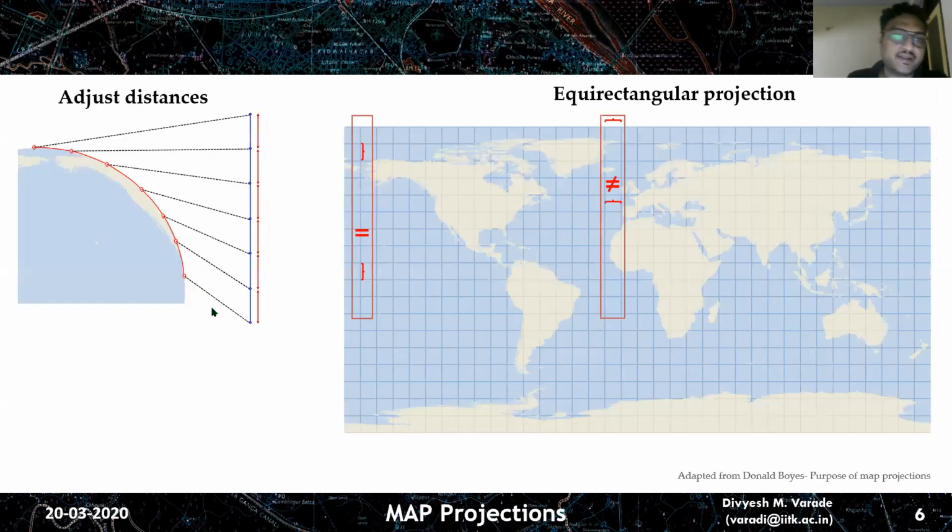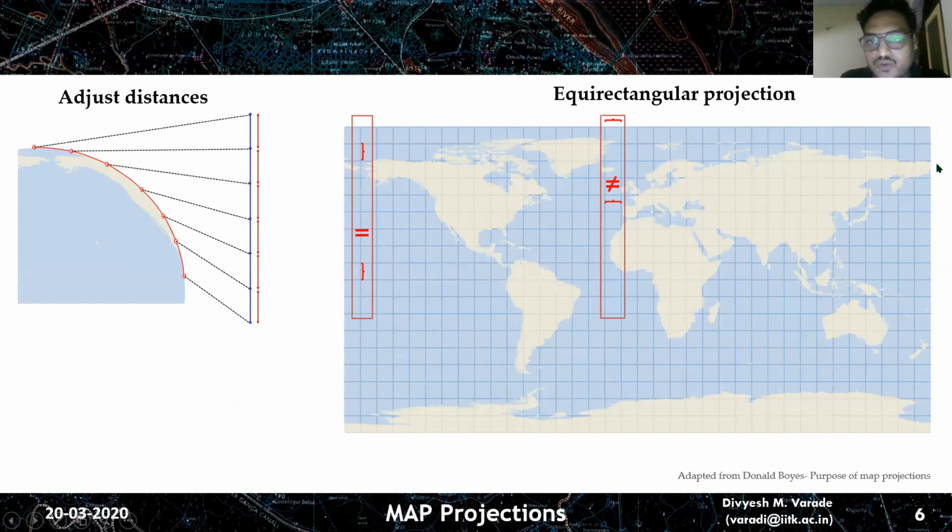So let us take another example where we have equal distances when we map these points on the sheet of paper. Now, is this necessarily a good thing? Maybe or maybe not. In this case, we have the cells or the graticules at equal distances.